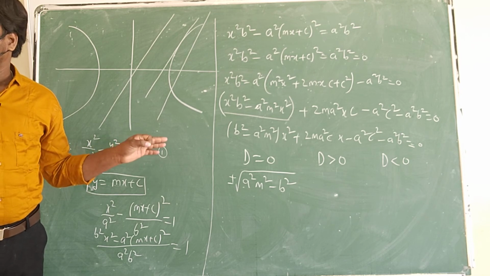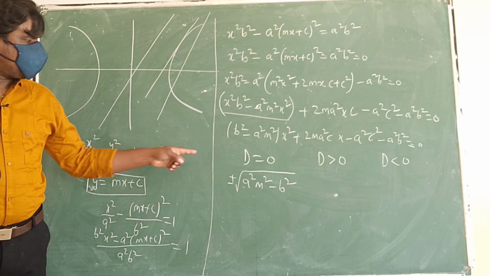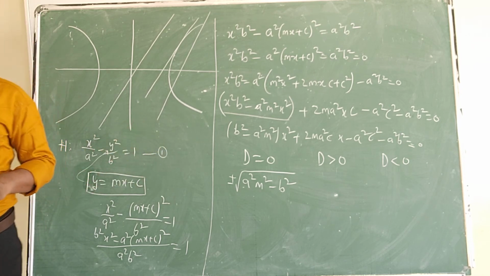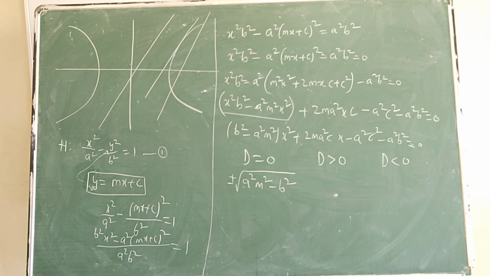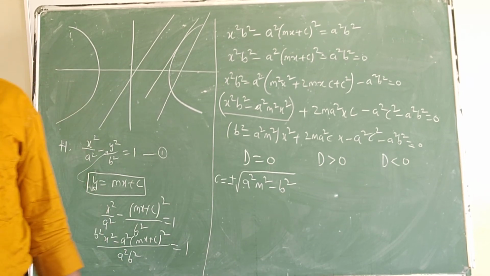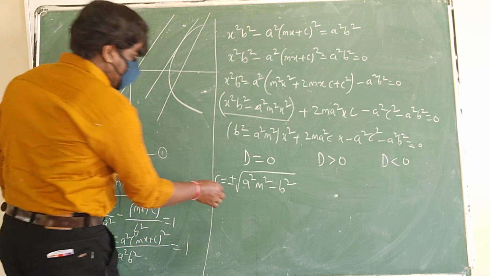You simplify this one, you are going to get the answer, the discriminant condition. Okay, I think the discriminant is not this. Wait one second. You can go and watch the ellipse, you will get this c value.